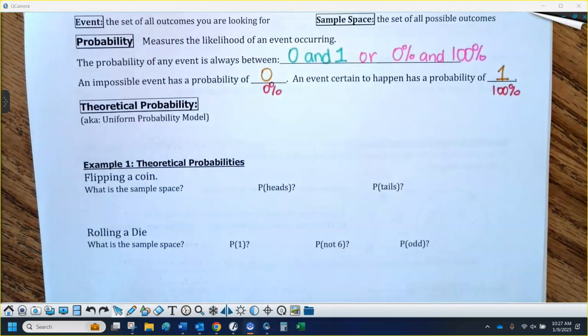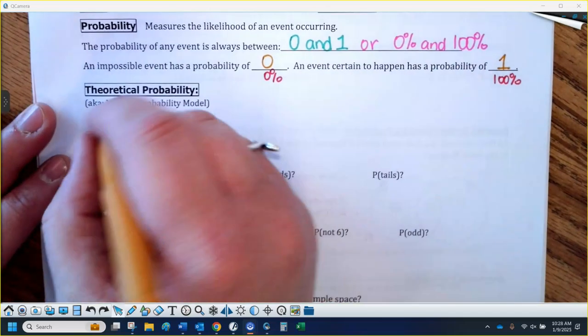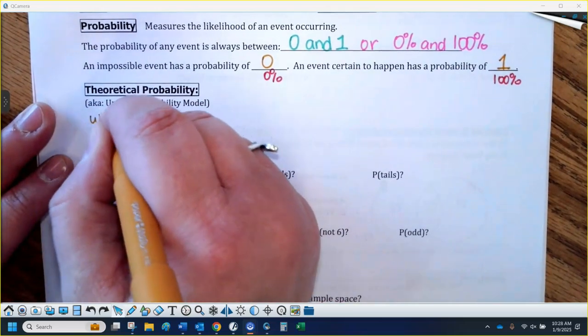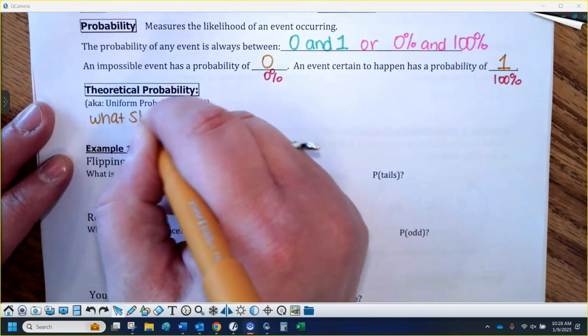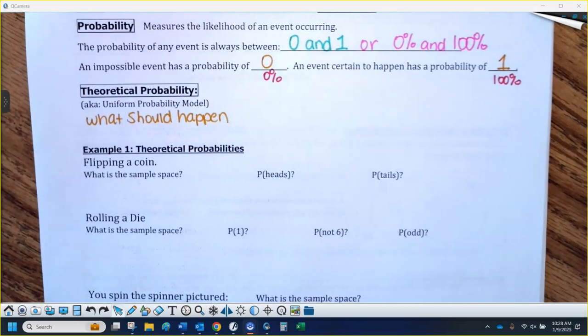Okay, now, two terminology points for theoretical probability. Some of the Math Excel questions call this the uniform probability model, but it's the same thing. Theoretical probability is what should happen, the probability based on what you think should happen.